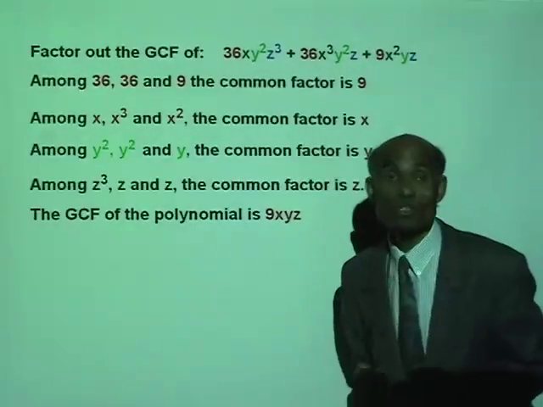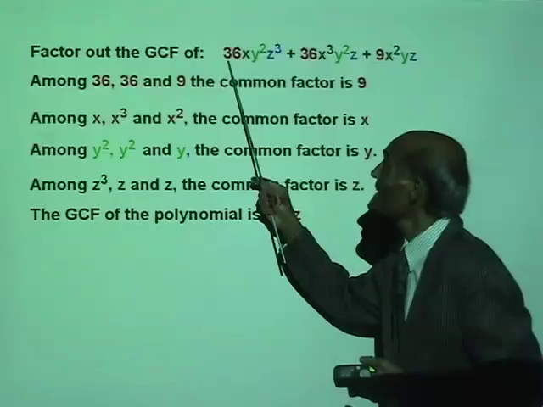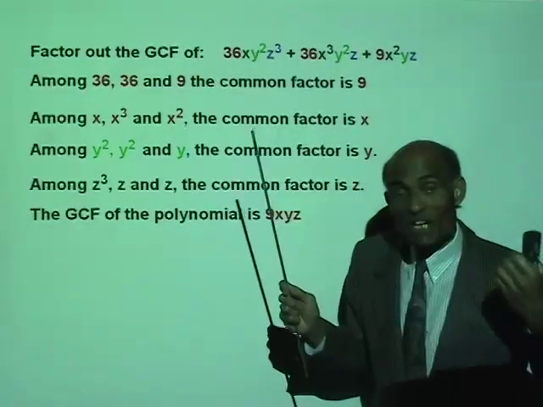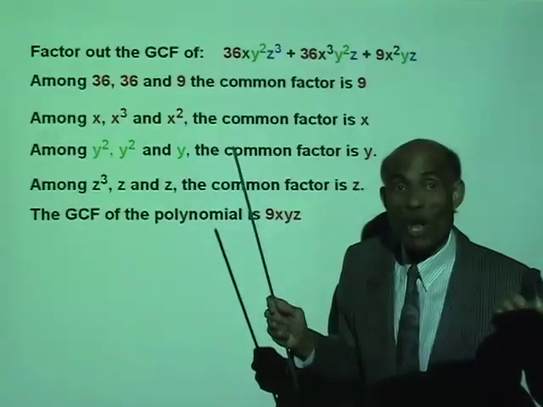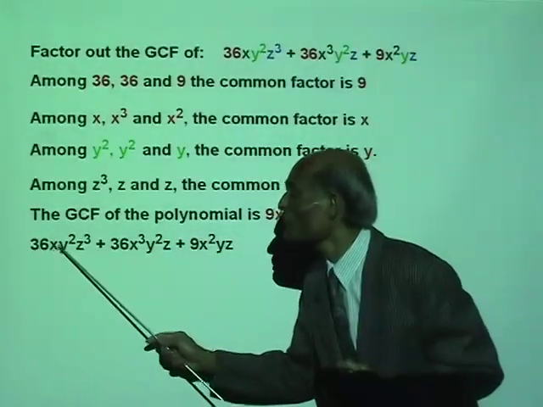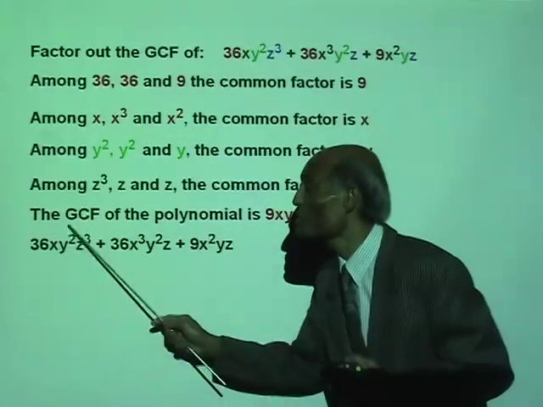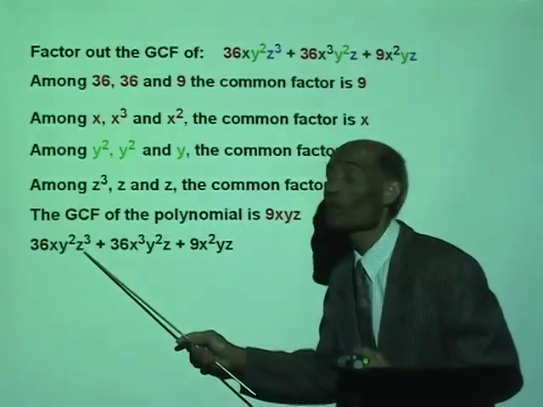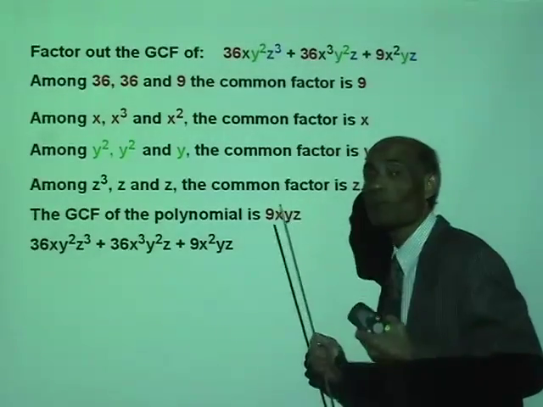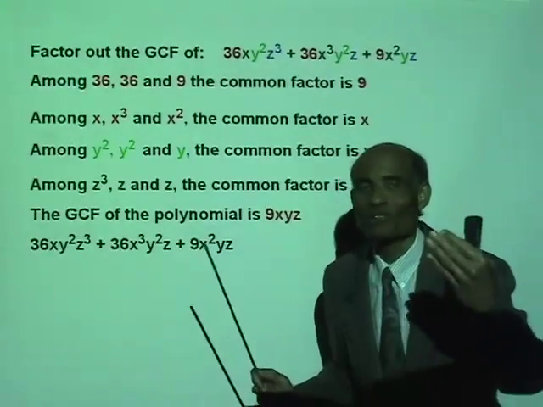Alright? Now what you need to do is write each of these terms by removing the greatest common factor. 36xy squared z cubed will be equal to 9xyz multiplied by what?